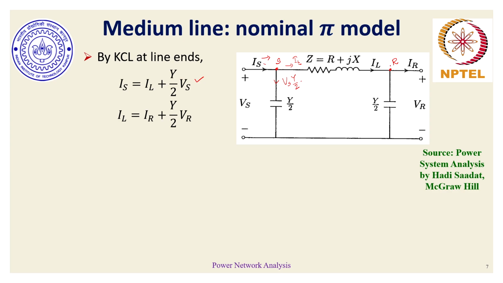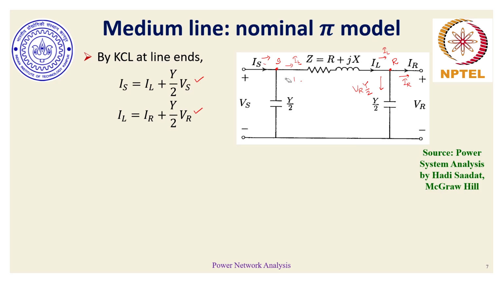Similarly, on the receiving end, if we apply KCL, then we have IL as the input current to this node, and IR is the receiving end output current. Across this shunt branch, again we have a current because of the shunt admittance, which is VR Y by 2. So if we relate IL, IR and VR Y by 2 in terms of KCL, we get our second equation.